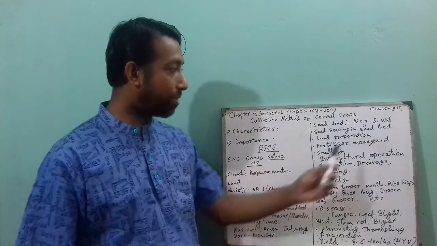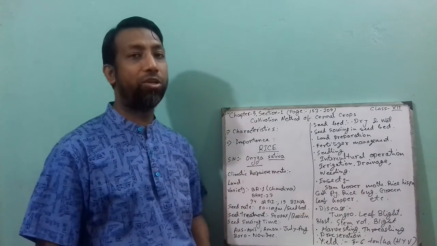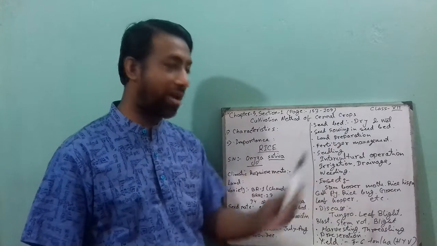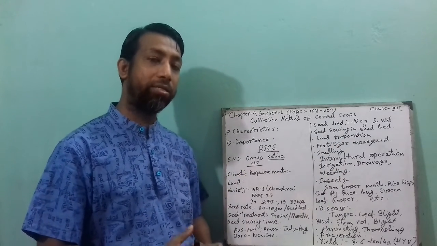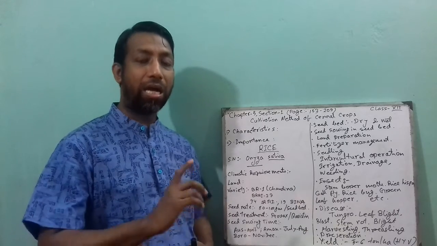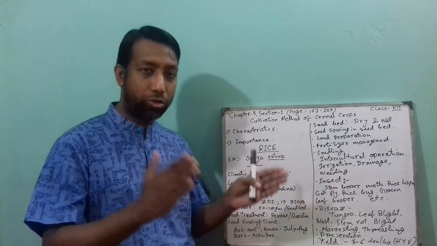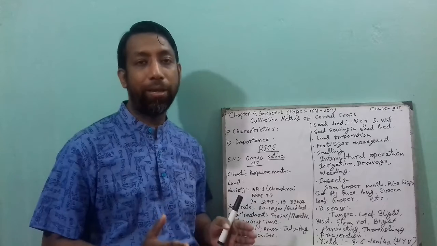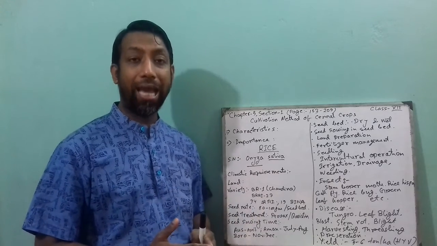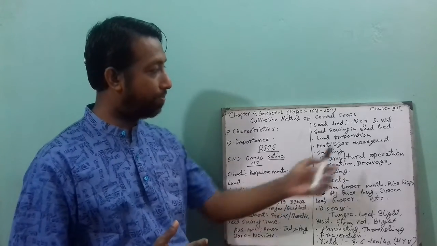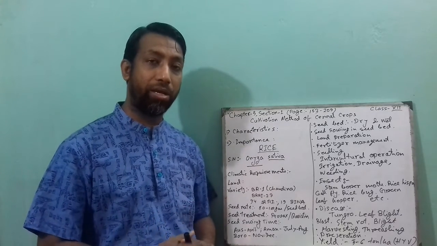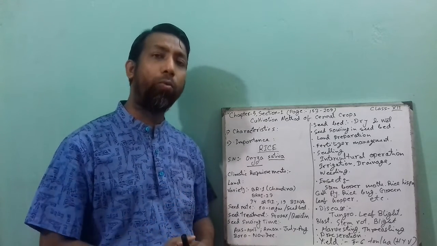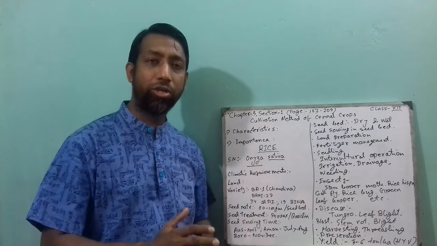And what would be the wet seed bed? The size of the wet seed bed is the same as the dry seed bed, which is 10 meter length, 125 centimeter width, height is 10 centimeter, and in between two seed beds there will be a 50 centimeter gap. And in a wet seed bed there will definitely be a water stagnant condition.